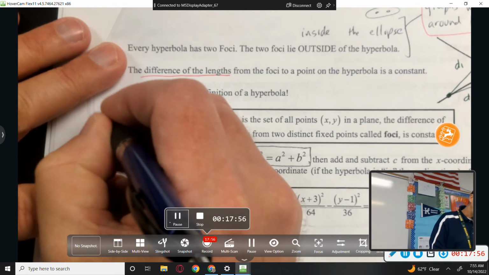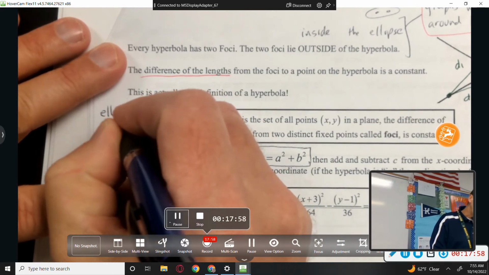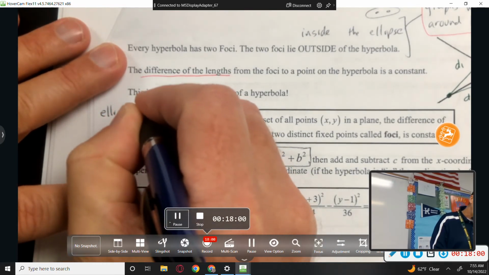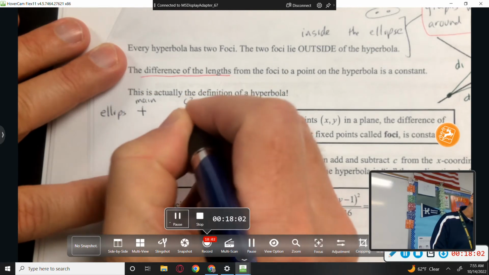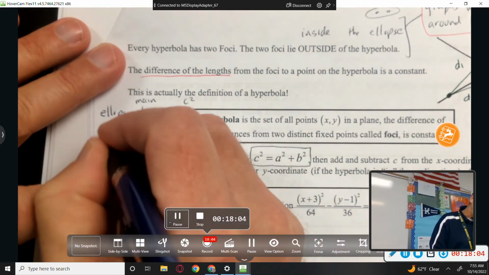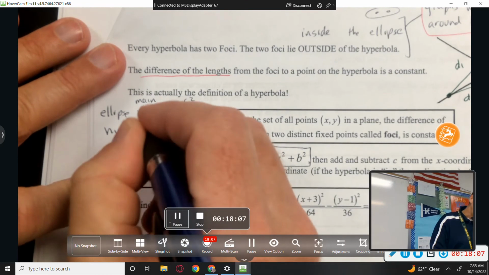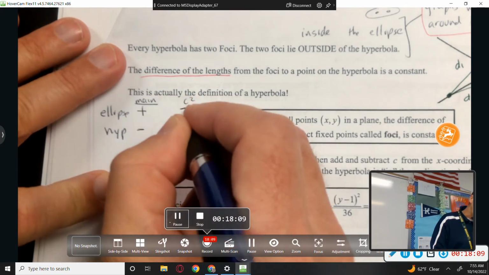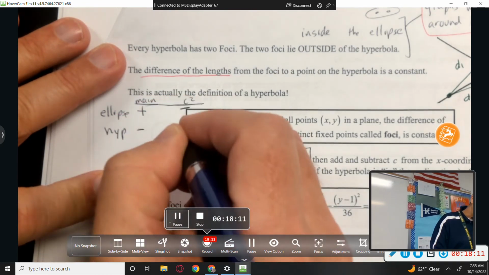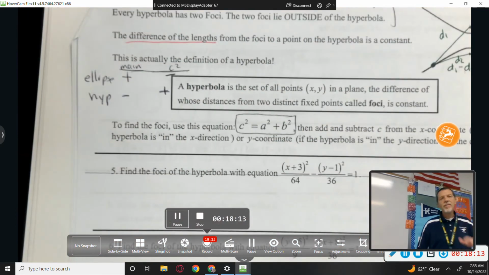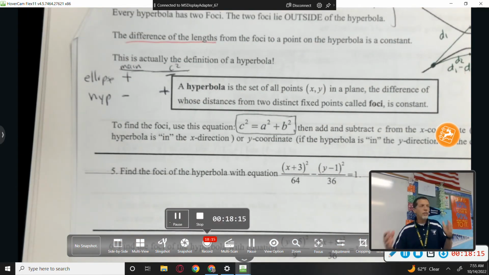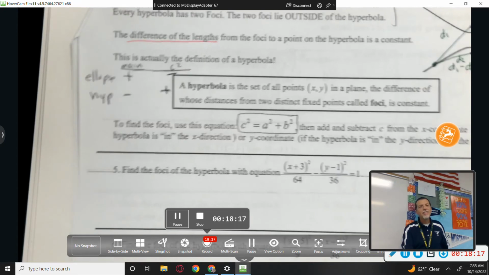So for the ellipse, the main equation has a plus in it, but c squared has a minus in it. For a hyperbola, it's backwards. The main equation has a minus, but c squared has a plus. However you want to keep that straight, you've got to be careful about c.